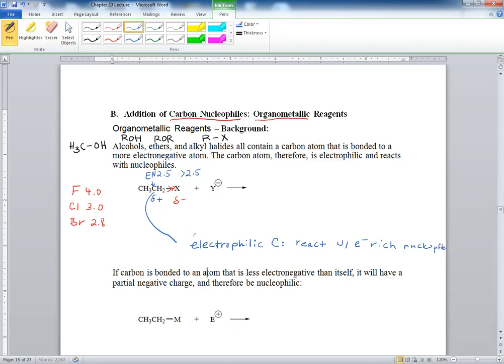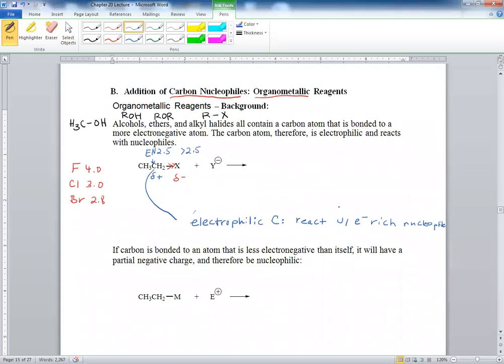All right, so electrophilic and nucleophilic. That's what happens when you have an electrophilic carbon. So again, electrophilic means it's electron poor. It needs more electrons. And therefore, this would act as your electron-rich nucleophile.